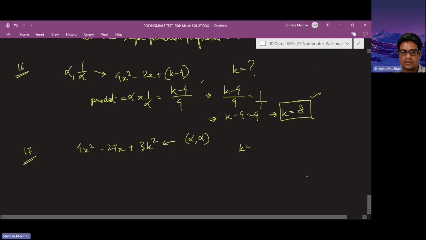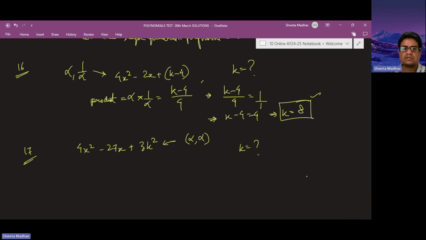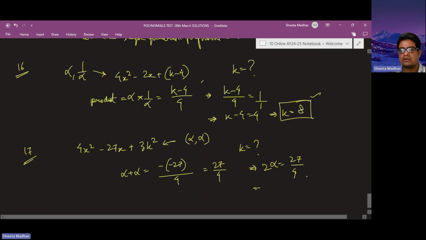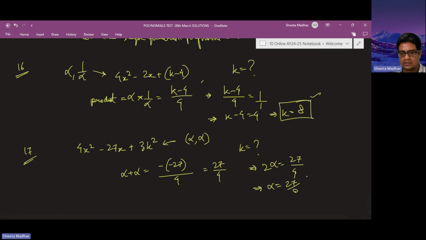Then the value of k we have to find out. So from here we can see that the sum of the zeros, alpha plus alpha, is equal to minus b by a, which is minus of minus 27 by 4, which is 27 by 4. So 2 alpha is equal to 27 by 4. So alpha is equal to 27 by 8.